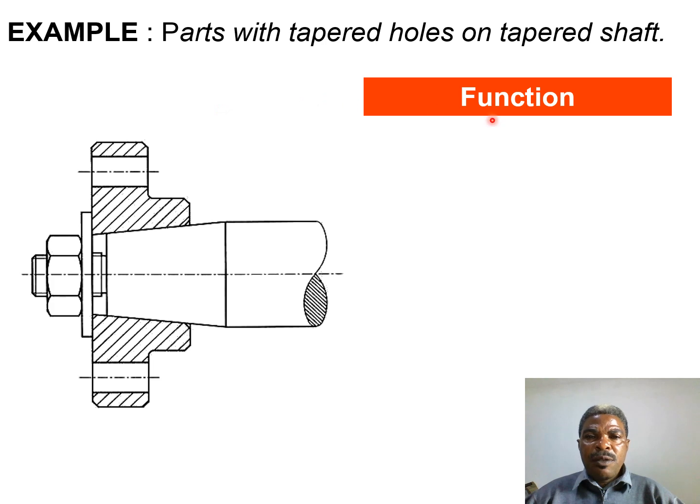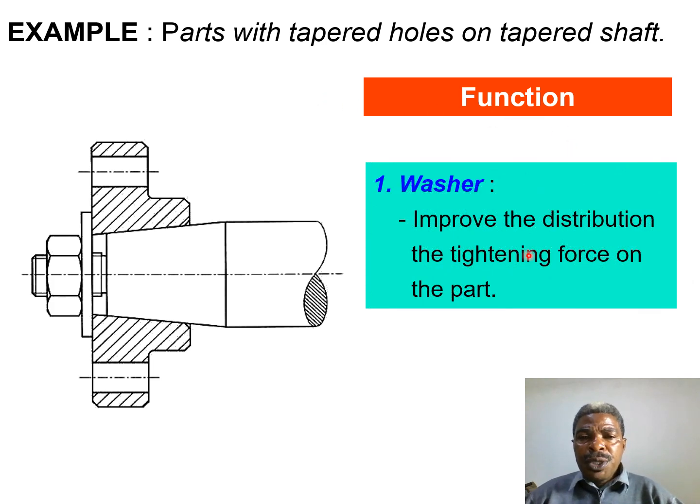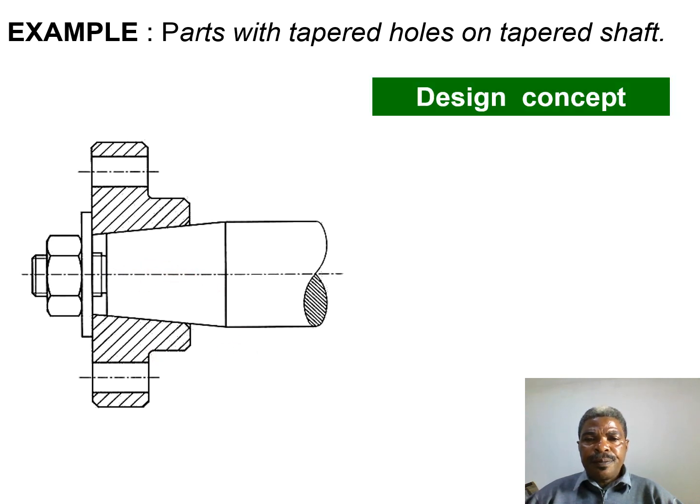For the purpose of function, the washer improves the distribution of the tightening force on the part. This is the washer that we are referring to, and this is our nut. When you tighten it, the nut improves the tightening of this shaft.